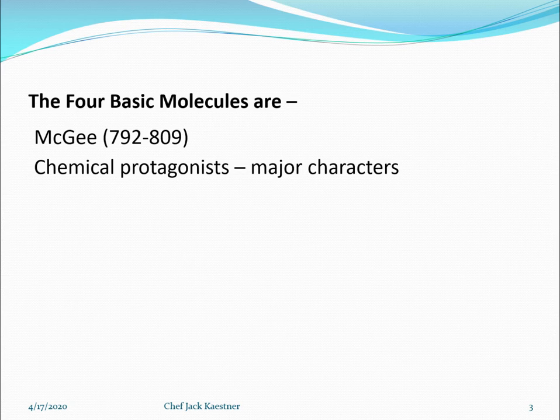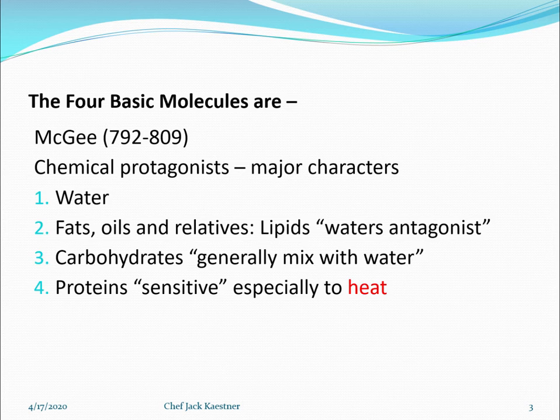So they're chemical antagonists. We don't really think of it that way, but chemicals react with one another, sometimes in a good way, sometimes in a not so good way. So we've got water and fats, and water is kind of an antagonist. If you add water to an oil, they separate.